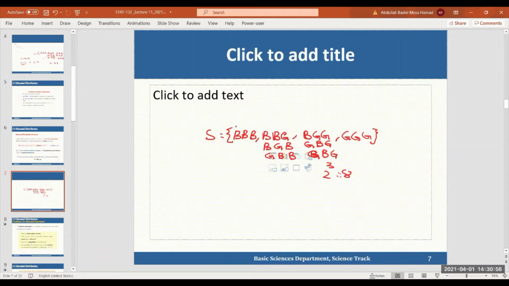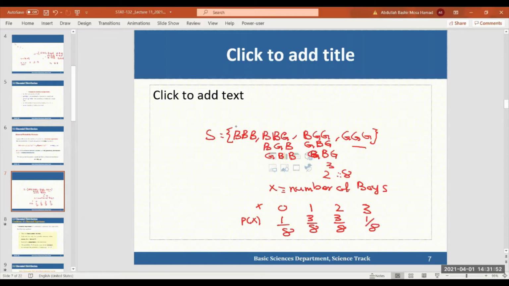Now let X denote the number of boys. So X takes which values? 0 boys, 1 boy, 2 boys, or 3 boys. The probability of each value of X: P(0) is 1 over 8, P(1) is 3 over 8, P(2) is also 3 over 8, and P(3) is 1 over 8.